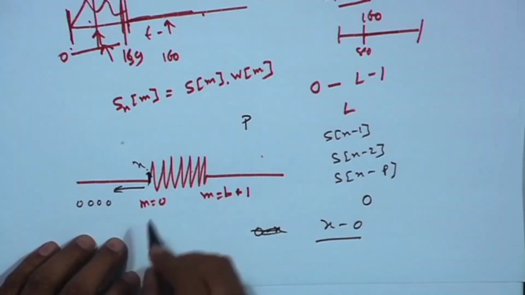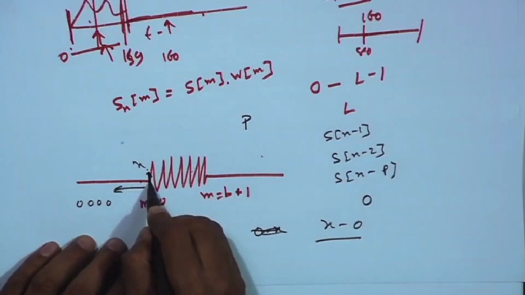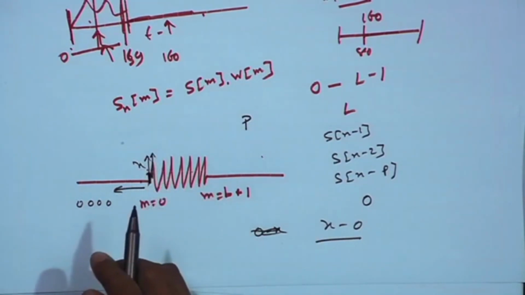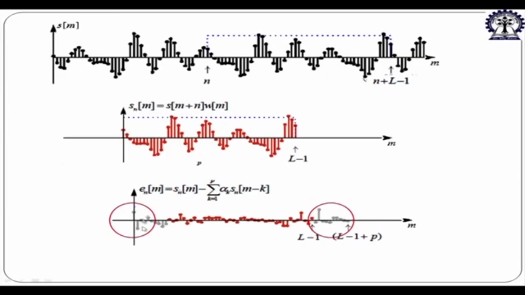So, the total sample itself is the error. I can say that at the beginning the prediction error will be maximum. If my window starts here, this is my sample, and outside the window the signal is 0. Because those samples are not there, I forcefully make them 0 by windowing, so I am estimating the first sample from all 0 samples. I get the estimation 0, so the error is the sample itself.